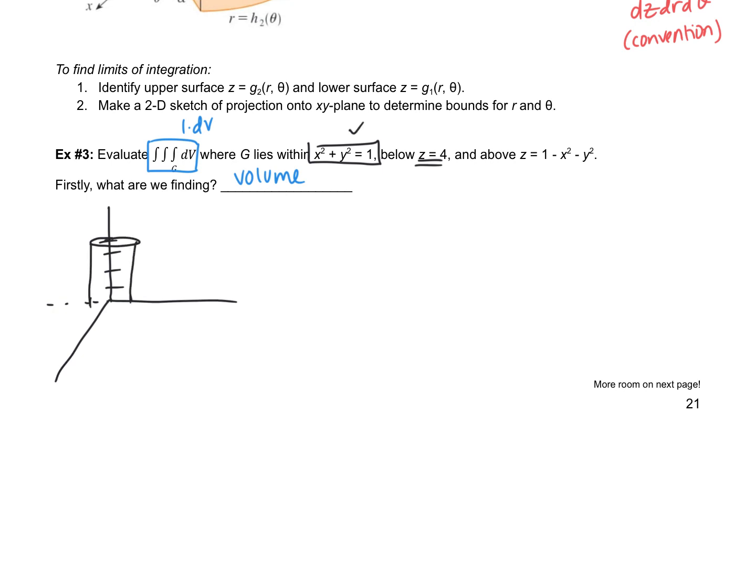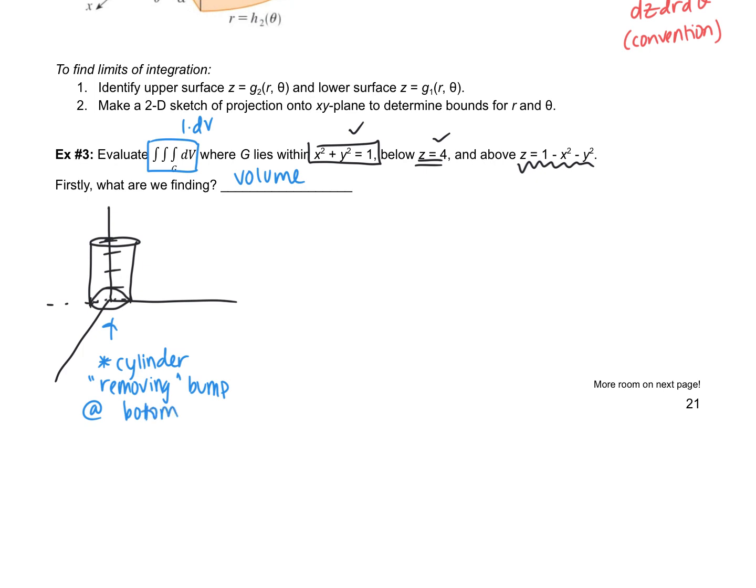We've done the x squared plus y squared equals 1, we've done the z equals 4, but we haven't done this 1 minus x squared minus y squared. So that is a hemisphere, the top half of a sphere. Not a great figure, so I'm going to put this into words. This is a cylinder, and we are removing the bump at the bottom.